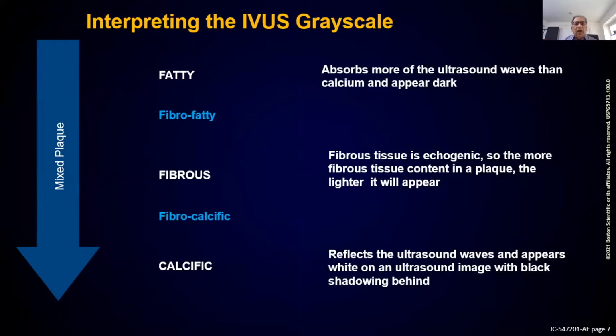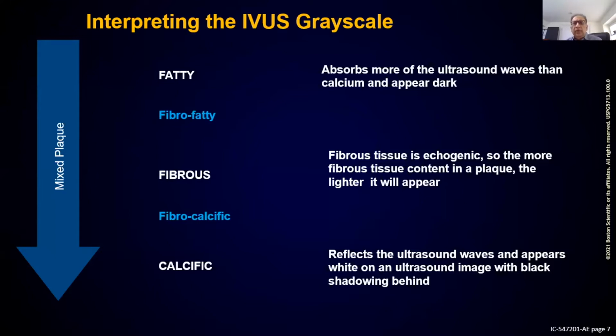And we all know that atheroma is full of fatty tissues, and this fatty type of plaque absorbs more of the ultrasound and usually appears dark. Then there is fibrous tissue, which is more echogenic.